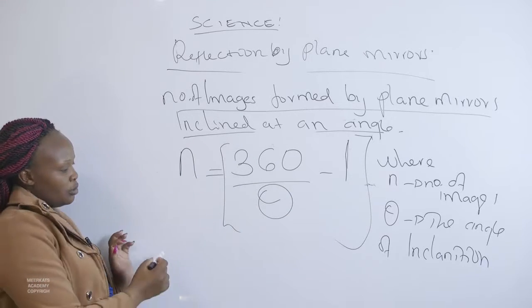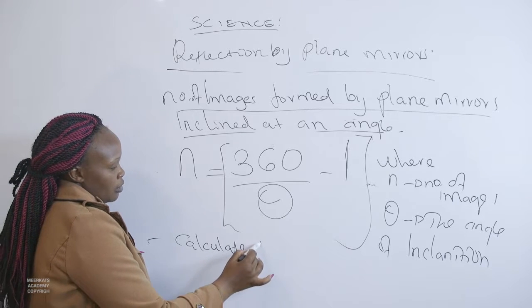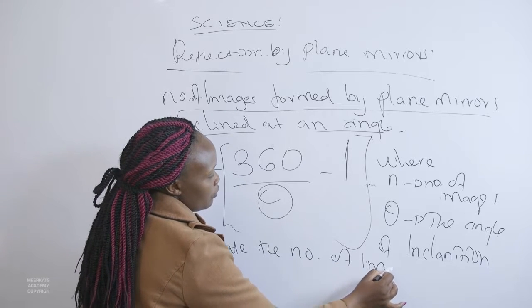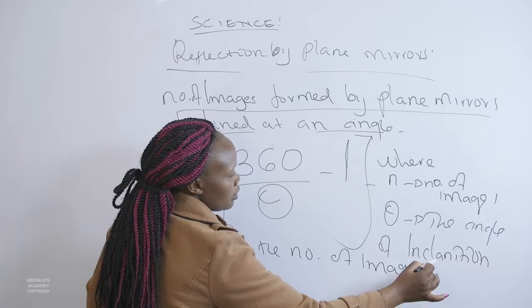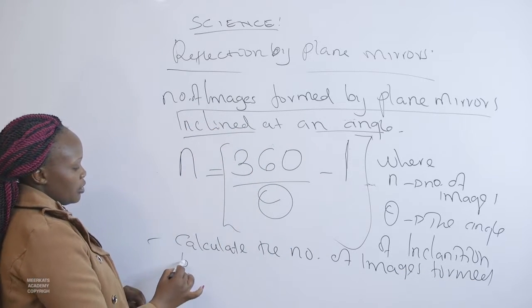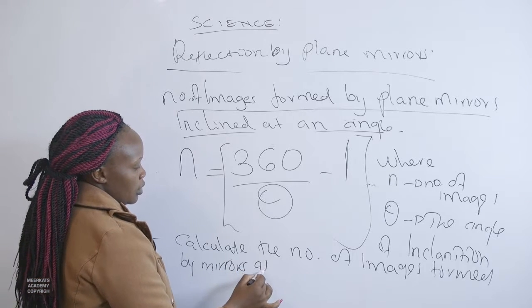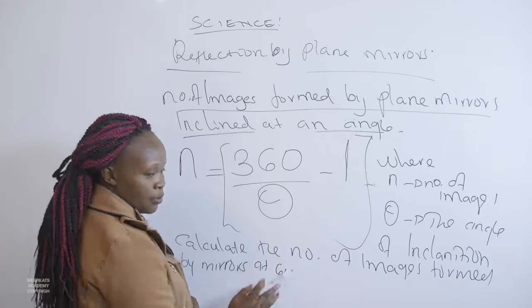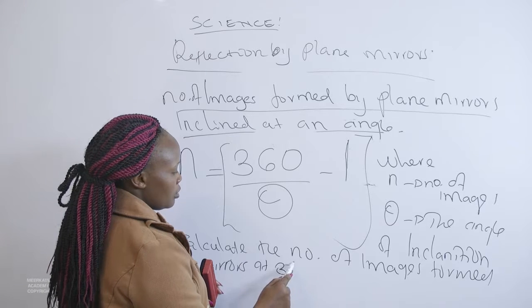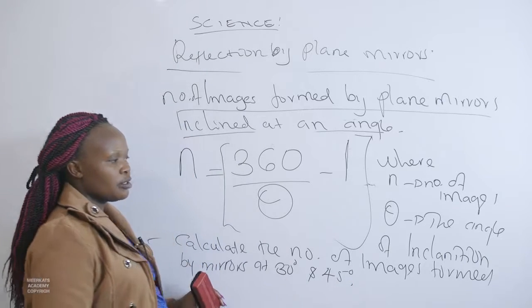Somebody would ask you to calculate the number of images formed by mirrors at 30 degrees and 45 degrees respectively.